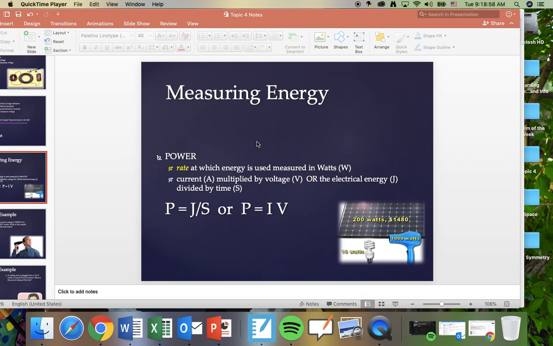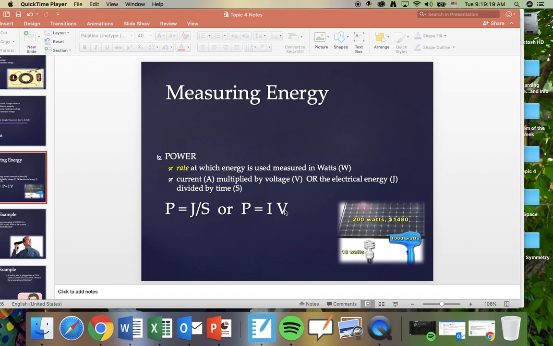So there are two different types of formulas we're going to use to calculate power. One will be power equals joules, which is energy, divided by time, which is in seconds, or power is equal to current times voltage.